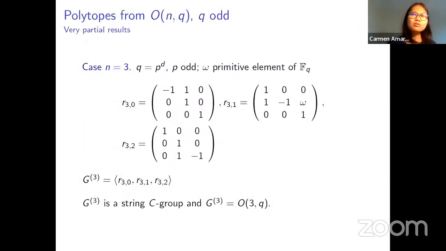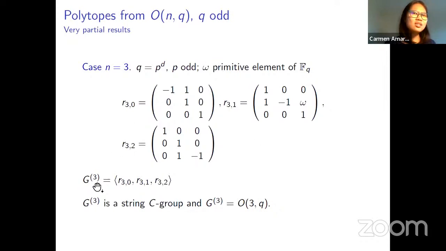Now, we were able to do that successfully for n equals 3. Here, our characteristic is odd because that's the remaining open case. We take omega to be a primitive element of Fq. We write our generators as 3 by 3 matrices: R of 3,0, R of 3,1, and R of 3,2.